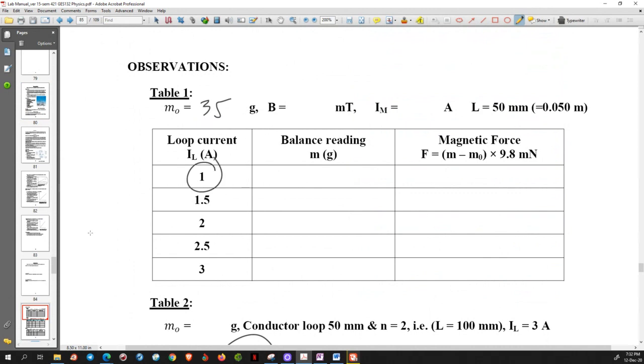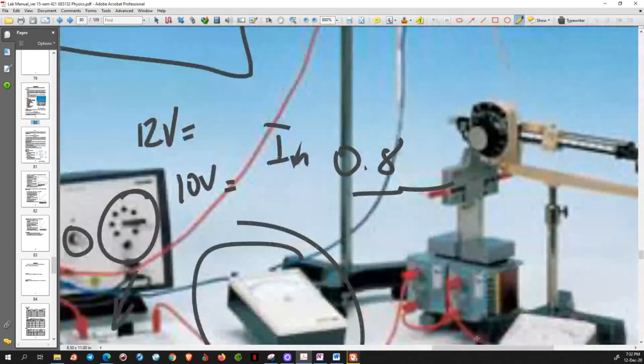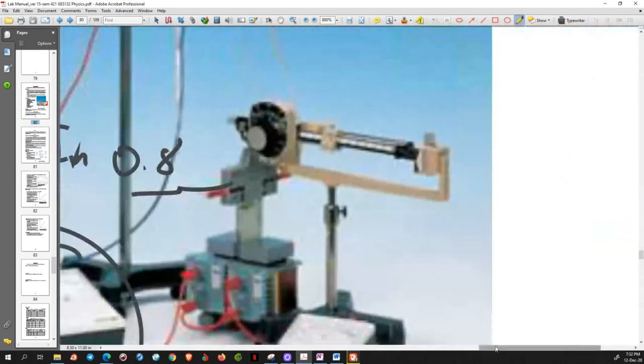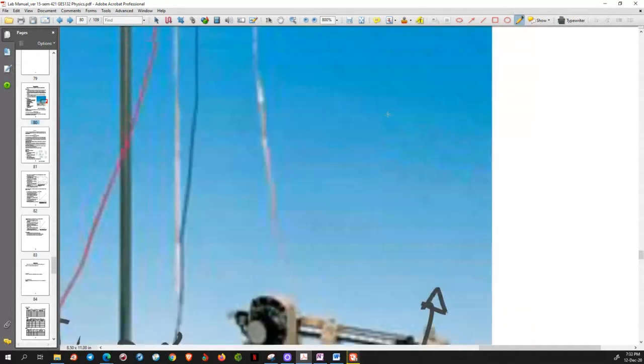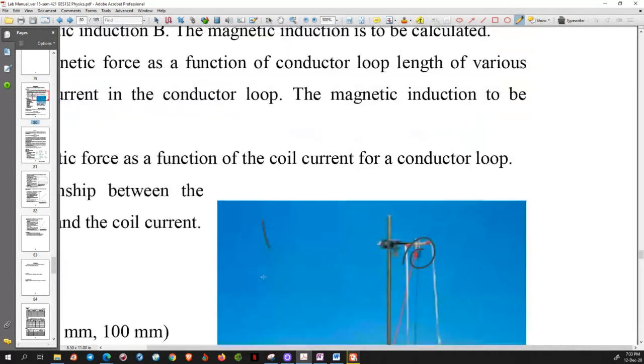Set the current to 1 ampere, and when you increase the current from your power supply, what you want is that this should go down and this pointer should go up. If not, you take the blue and the red cable here and you exchange them. Only these two cables. You exchange them, okay?